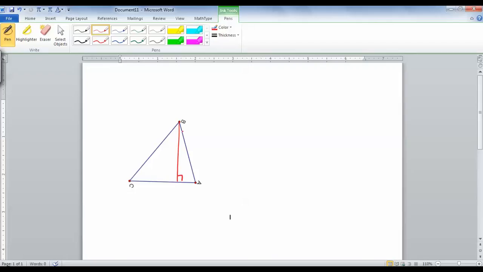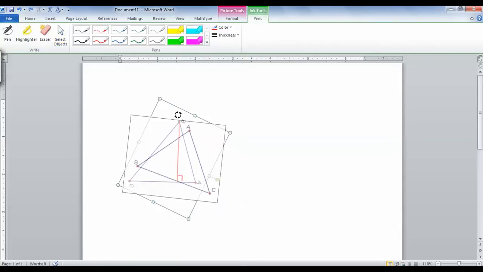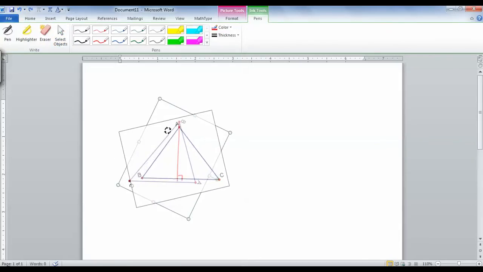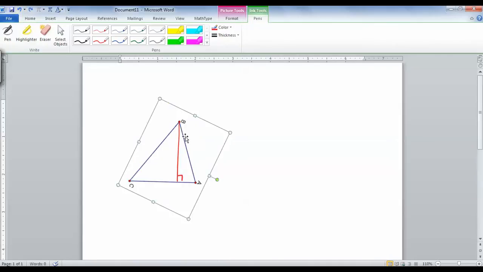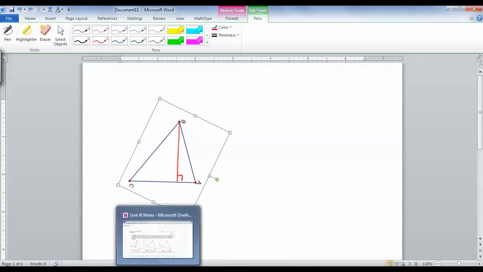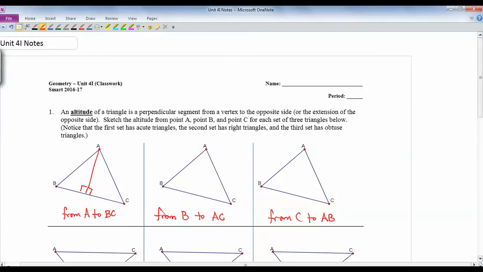So if I rotate this back, the problem is I didn't rotate the diagram, the other thing. So let's see, it goes B to AC. It's kind of close to A here. So let's go back over here. It goes from B to AC right there.